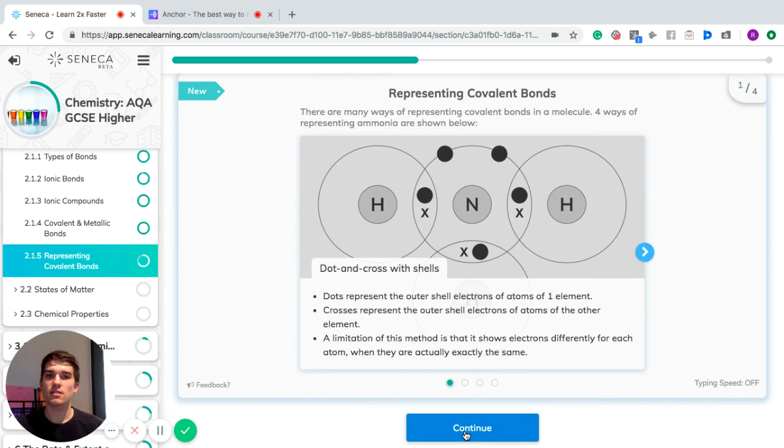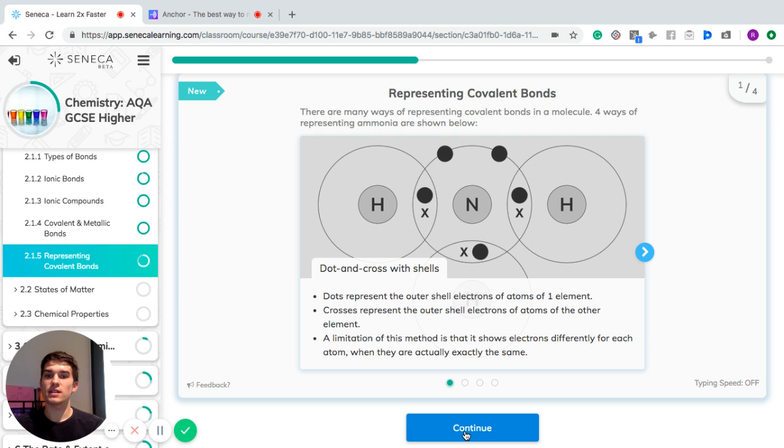Now, when we represent covalent bonds, there are many ways to do it. 4 ways of representing ammonia could be shown with dots. First of all, dots representing the outer shell electrons of atoms of one element, and crosses representing the outer shell electrons of another element.